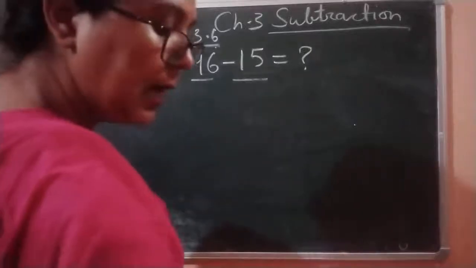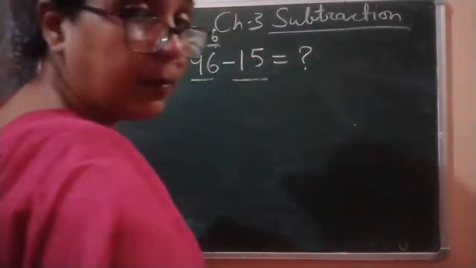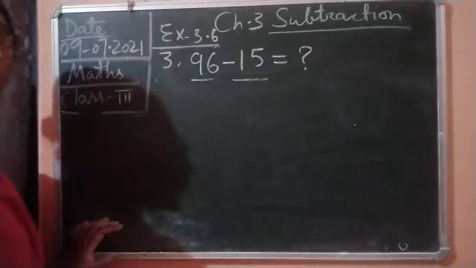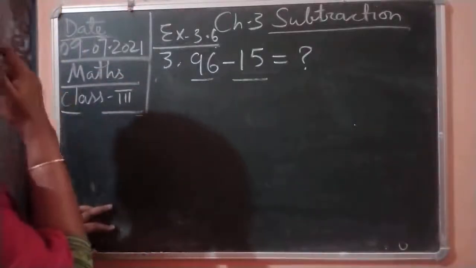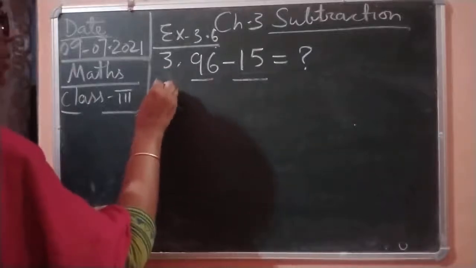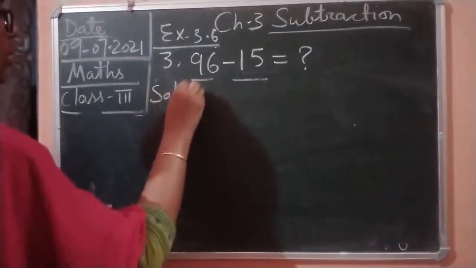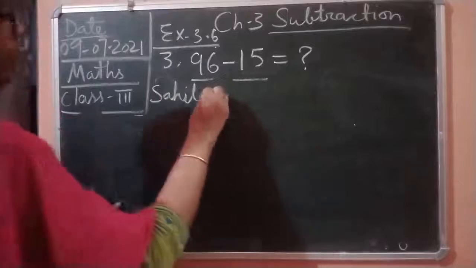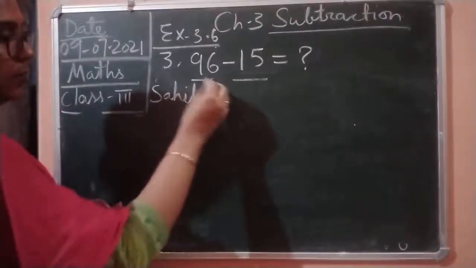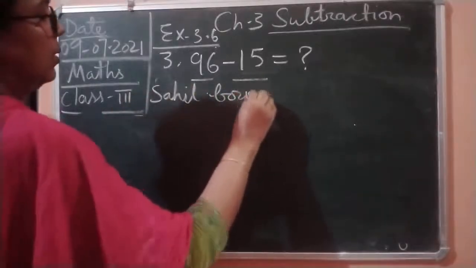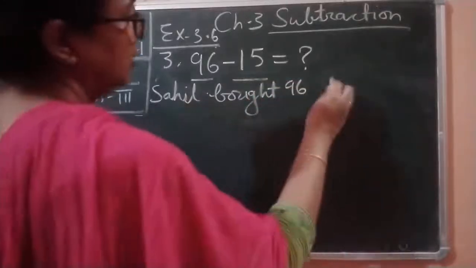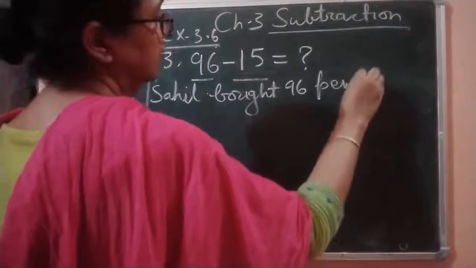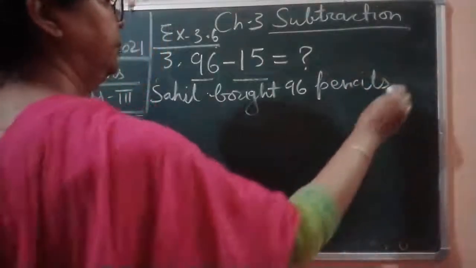So let's start creating a problem in words. Okay. So children, here you can see Sahil had, or Sahil bought 96 pencils. Okay.